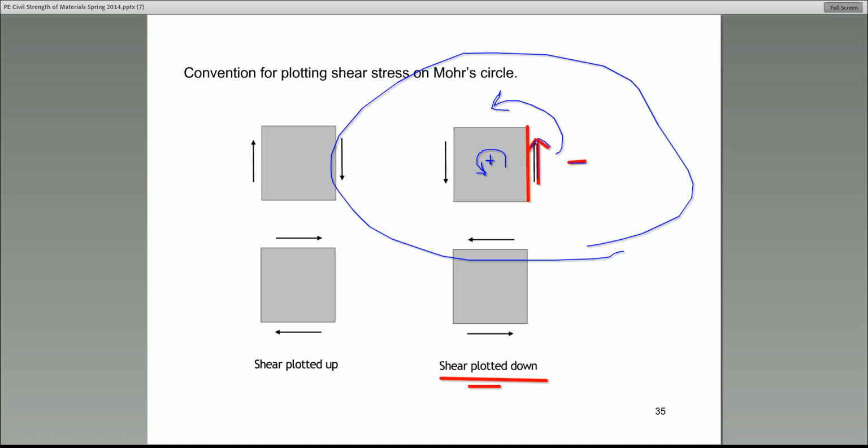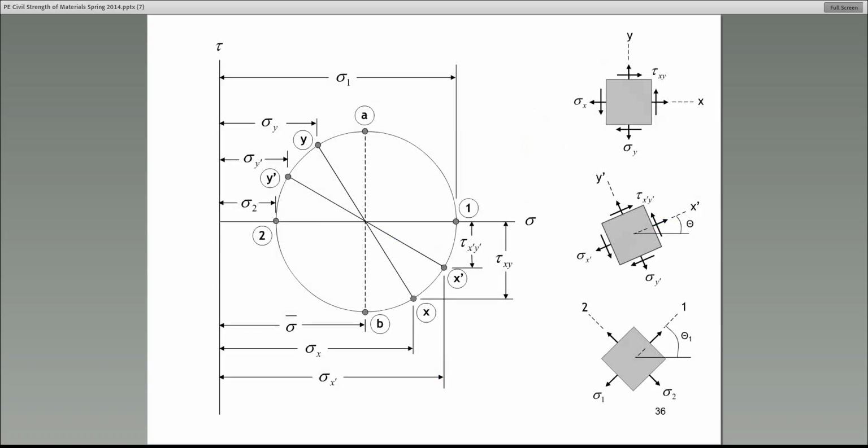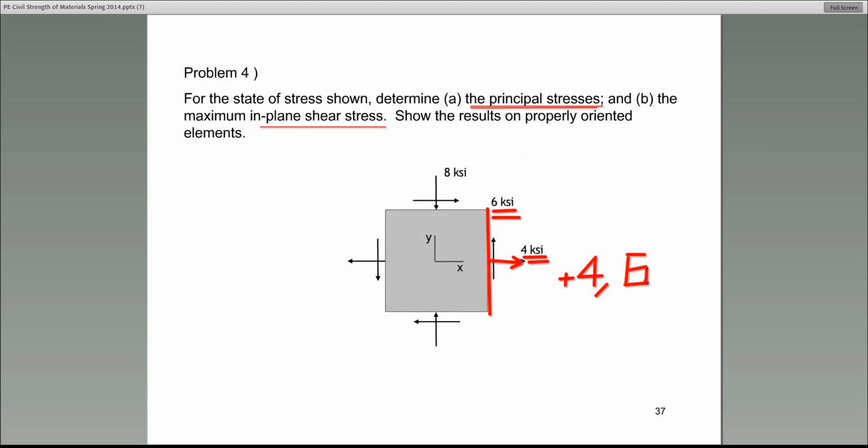If it were acting downward, that would cause clockwise, it would be positive. So this is the quickest way that I can tell you how to decide that. Therefore, coming back to this problem, the coordinate would be plus 4 and minus 6. Does everybody agree? All right.